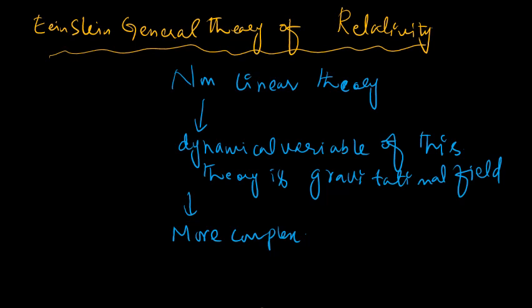There is no way to add two solutions to obtain a third one. So we can say that classical theory is more complicated compared to quantum mechanics, which is a linear theory. Now we will discuss how quantum mechanics is a linear theory, as we have discussed that classical mechanics is non-linear.